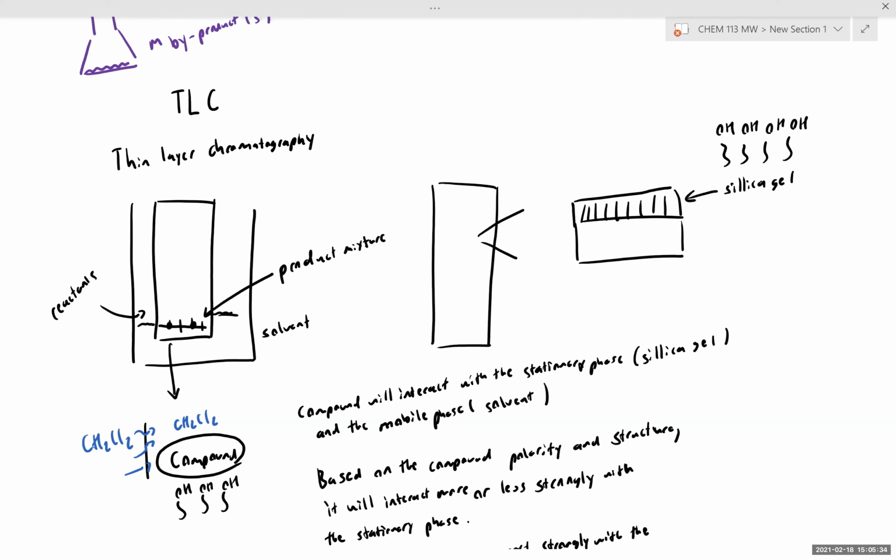So thin layer chromatography, in essence, relies on spotting your sample, and you can make as many lanes as you want containing your reactants and products or just different mixture components.